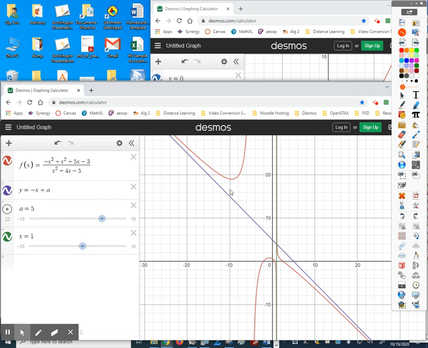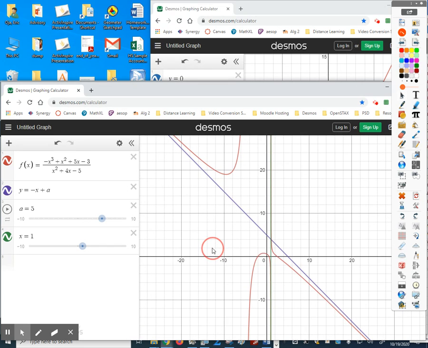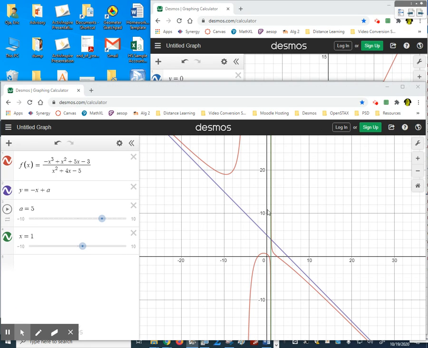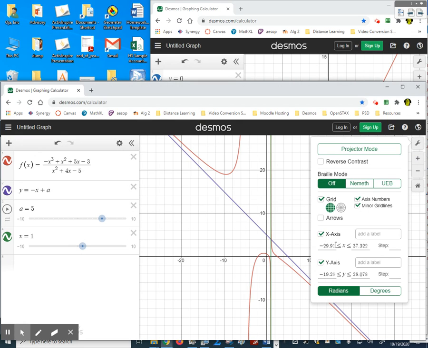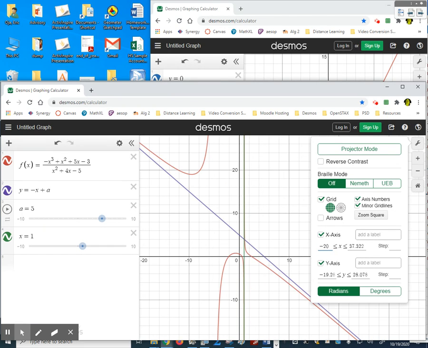When you see something like this, it's hard to zoom in properly. So let's do this one manually. Let's have the x-axis go from like negative 20 up to positive 5 or something.